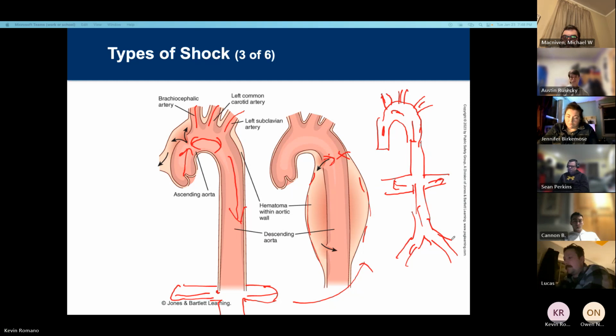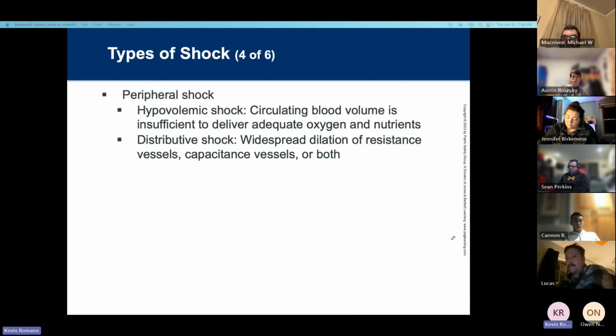Good? All right, hypovolemic shock is when circulating blood volume is insufficient to deliver adequate oxygen and nutrients to the body. Exogenous and endogenous are the two types of hypovolemic shock.